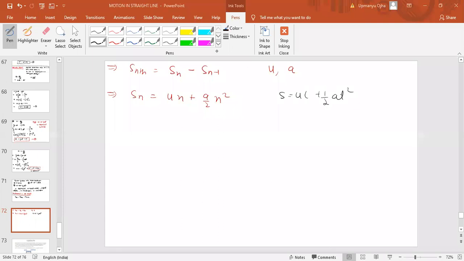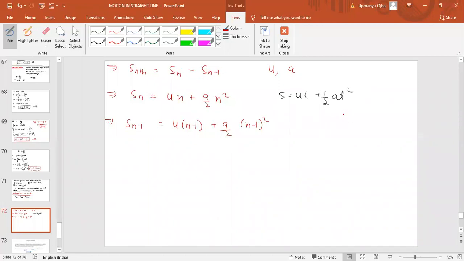Okay. Yes. Now if I have to find the displacement in the nth second, that would be equal to displacement in n seconds minus displacement in n minus 1 seconds.